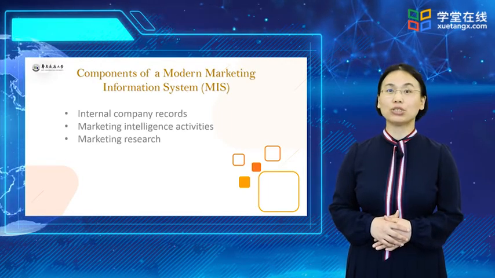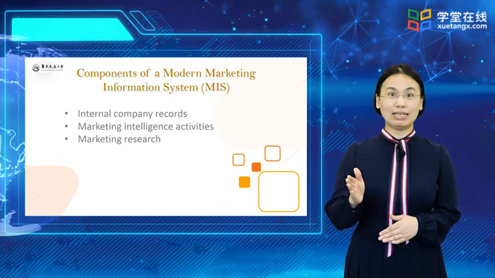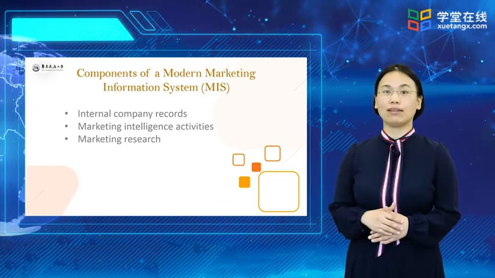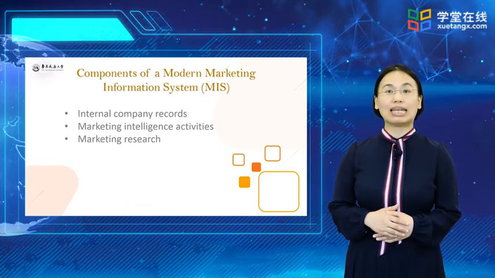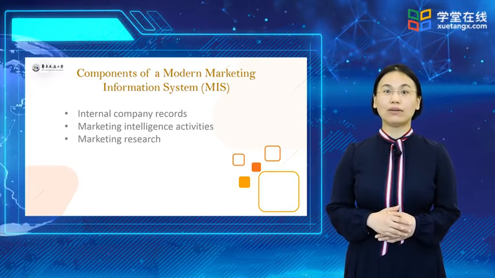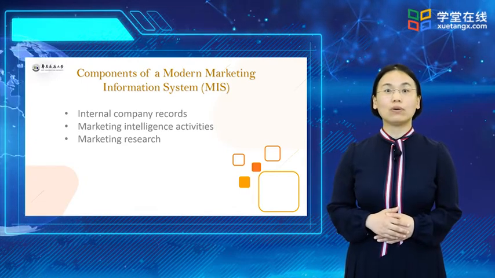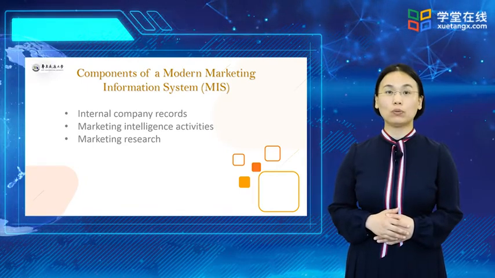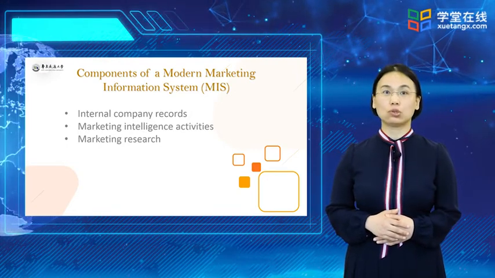A marketing information system consists of people, equipment, and procedures to gather, sort, analyze, evaluate, and distribute needed, timely, and accurate information to marketing decision makers. It relies on internal company records, marketing intelligence activities, and marketing research.